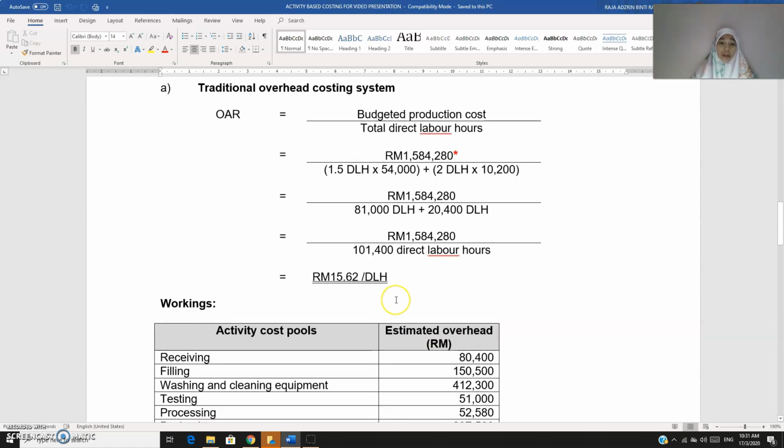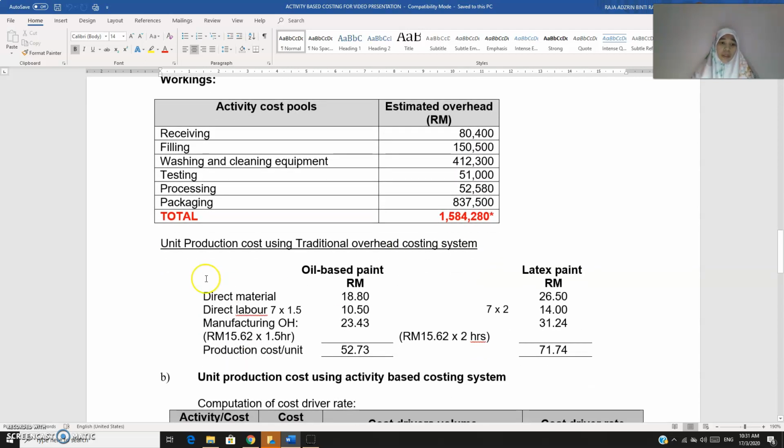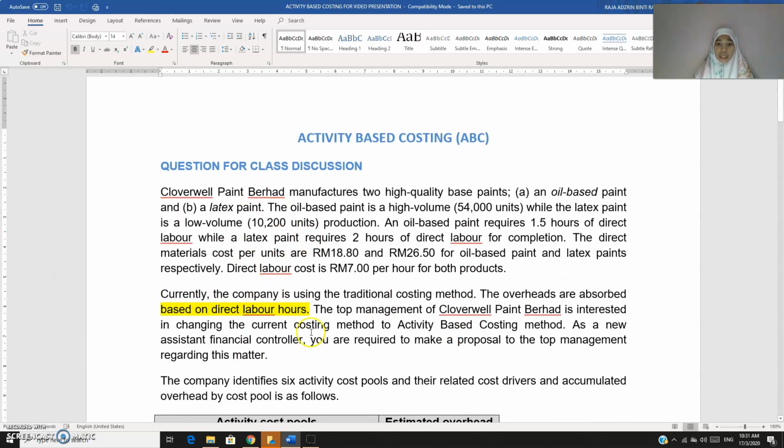Then continue to calculate the product cost. So you have to add your direct material. Where do I get this 18.8 and 26.5? Directly from the question. If you look at the question, it is stated that the direct material cost per unit are 18.8 and 26.5 for oil-based paint and latex paint respectively.